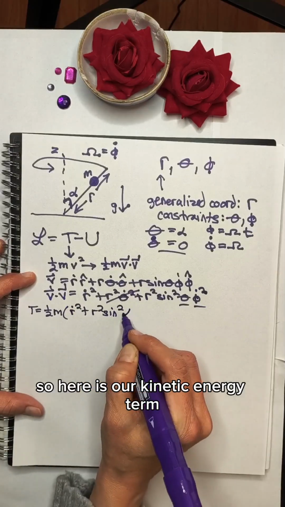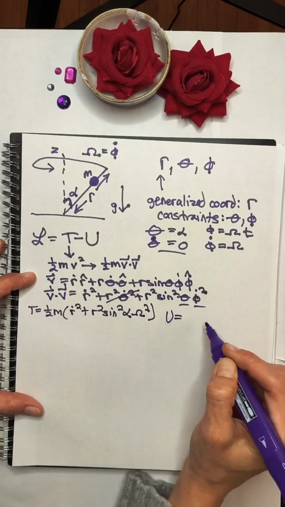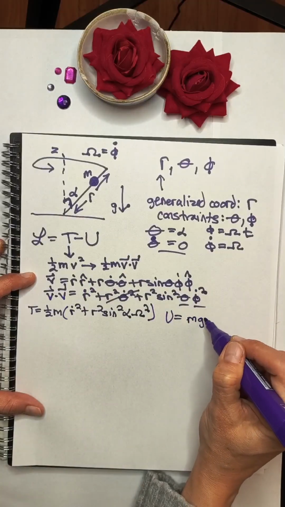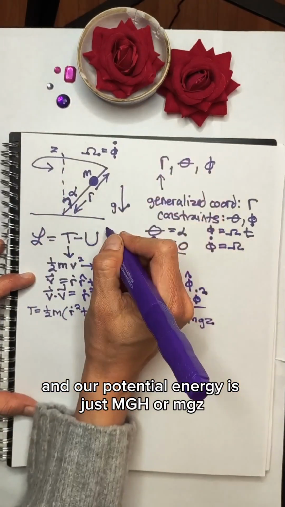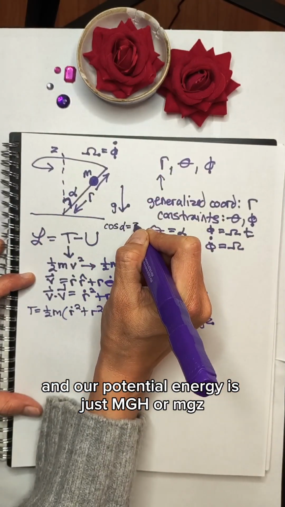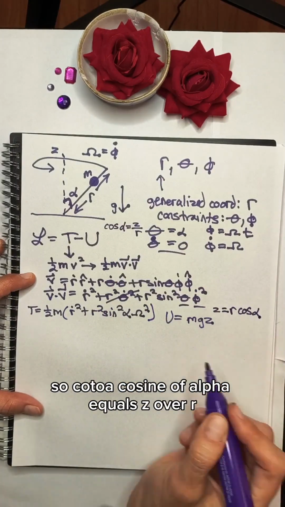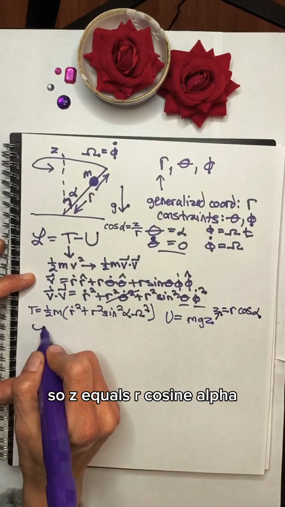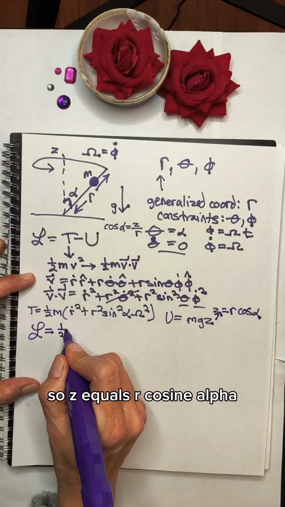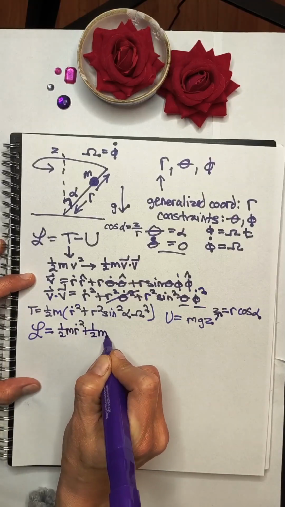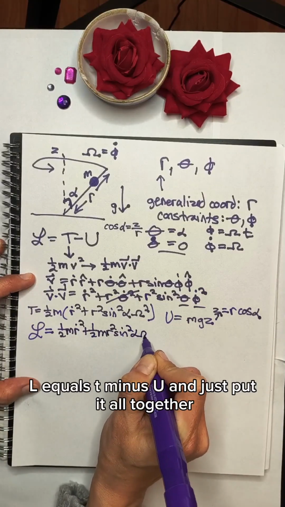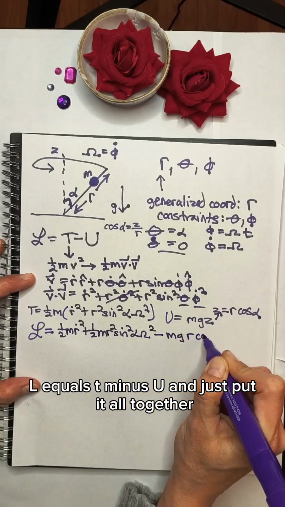So here is our kinetic energy term. And our potential energy is just mgh or mgz, and if we go back to the diagram, so SOHCAHTOA, cosine of alpha equals z over r, so z equals r cosine alpha. So that's our Lagrangian, L equals T minus U, and just put it all together.